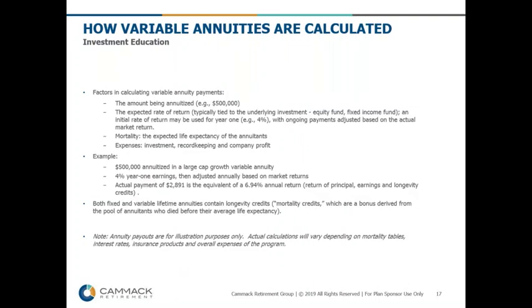Factors in calculating variable annuities are the amount that's being annuitized, the expected rate of return, which is tied to the underlying investment. So if it's a stock fund or a bond fund, those are going to impact what the rate is.